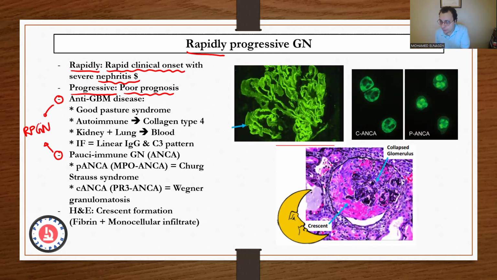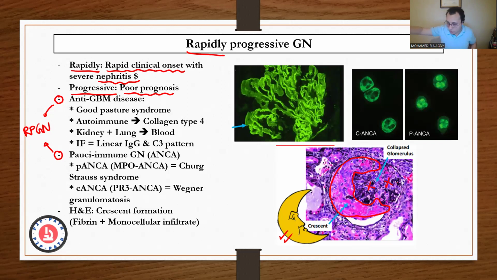When I look under the microscope, how can I tell that I'm having a pattern of rapidly progressive glomerulonephritis? You see this. Glomerular crescent, very important. Here is the crescent, the structureless, damaged area of the glomerulus, compressing the remaining relatively healthy part of the glomerulus, which is actually almost gone.